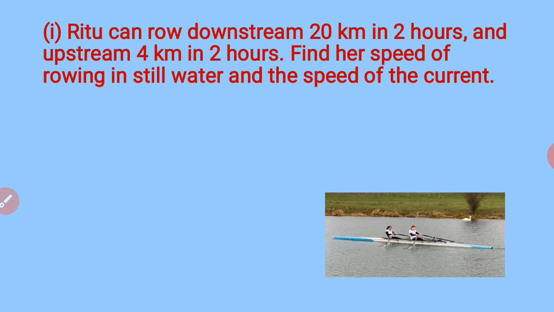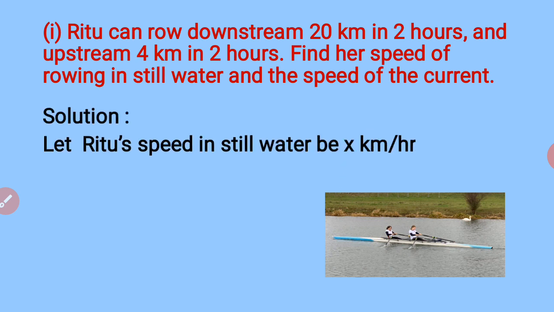So rowing in still water, rowing downstream, rowing upstream. These are 3 conditions which are considered here. Here the speed of the current, that is speed of the water that is flowing, is again very important. It helps you or it is against you in both the cases, downstream and upstream. So let us start with the question. I'll be explaining more.